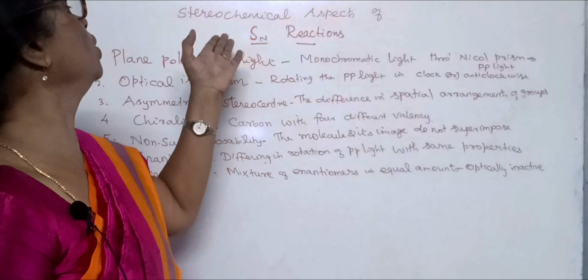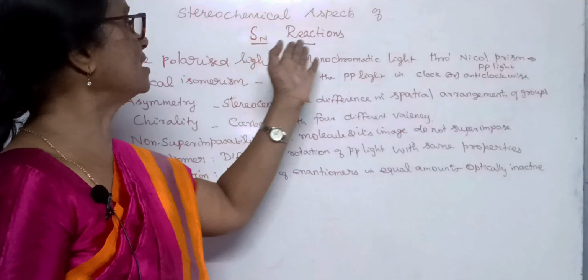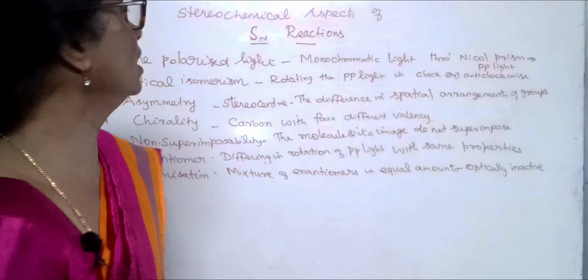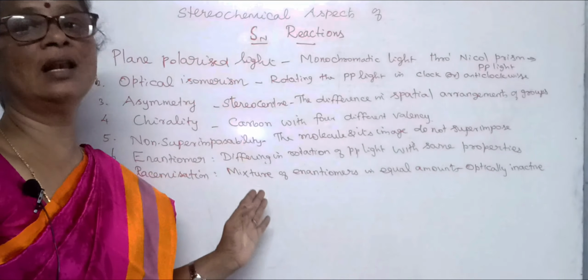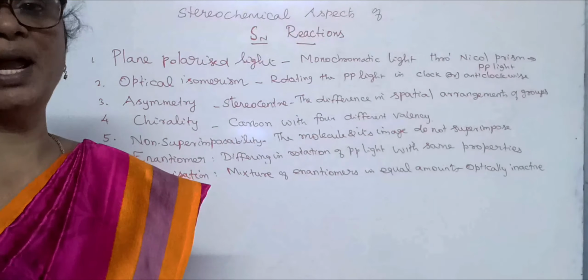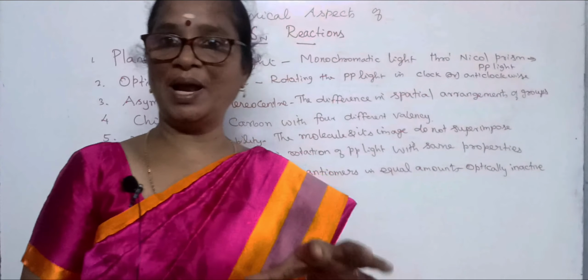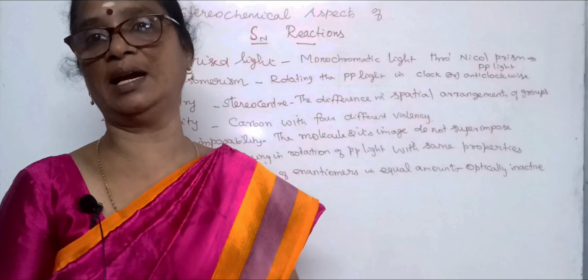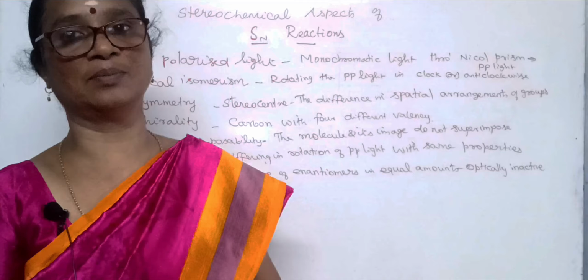Before we learn about nucleophilic substitution reactions related to stereochemistry, we have to learn some fundamental concepts of stereochemistry. What is called plane polarized light? A plane polarized light can be generated by passing monochromatic light through a nicol prism.